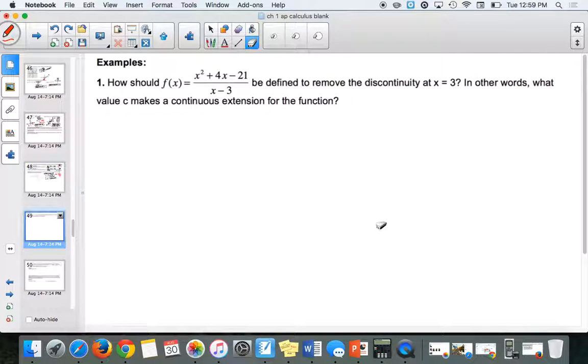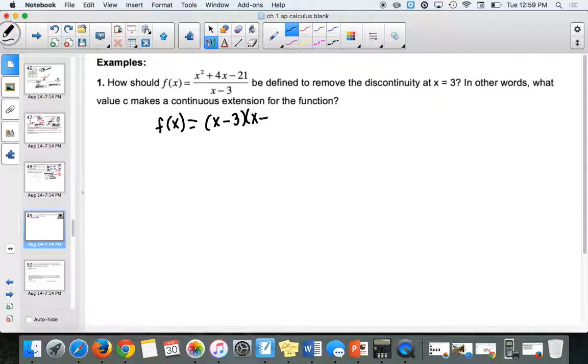So it says, how should this be defined to remove the discontinuity at x equals 3? In other words, what is the value of c that makes this a continuous extension for the function? We need to first factor it and figure out where the hole is placed. If I factor, I have x minus 3 and x plus 7. So my hole is at 3.